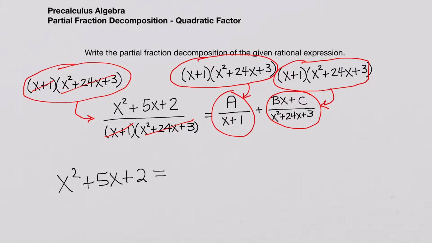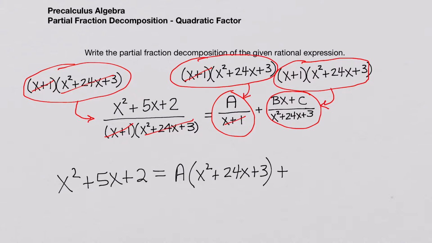All right, and on the right-hand side, I can do some canceling as well. So the factor x plus 1 cancels with the factor x plus 1 in the denominator, and we end up with a times x squared plus 24x plus 3, plus, okay.